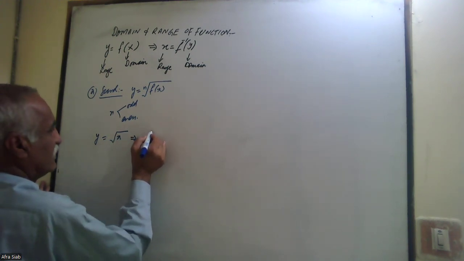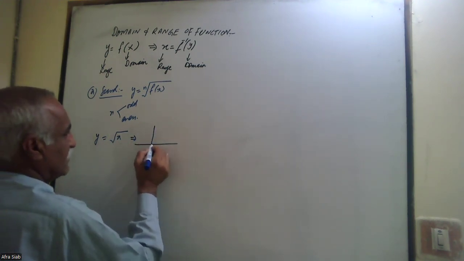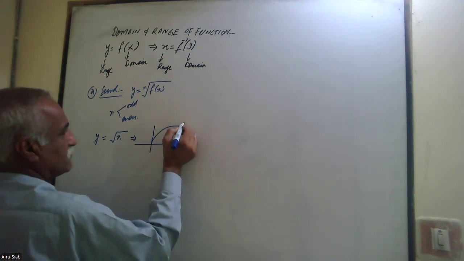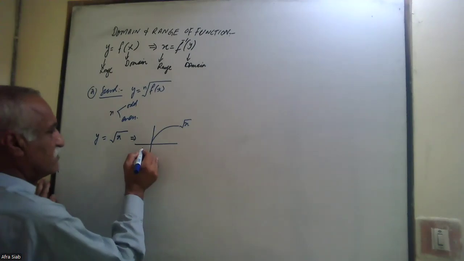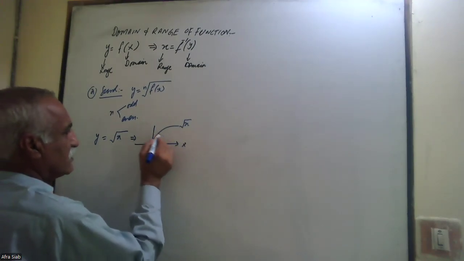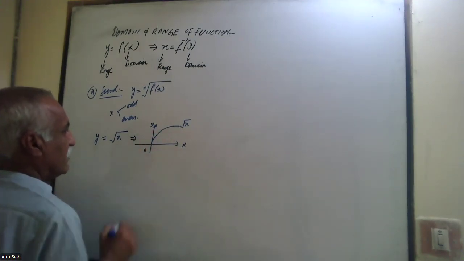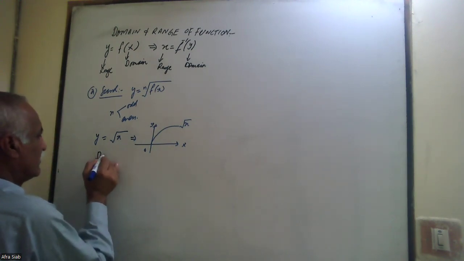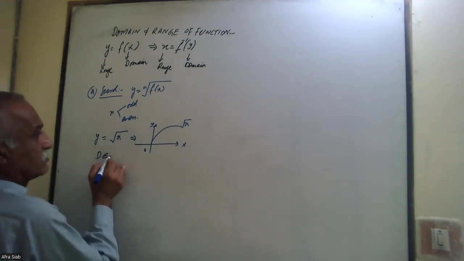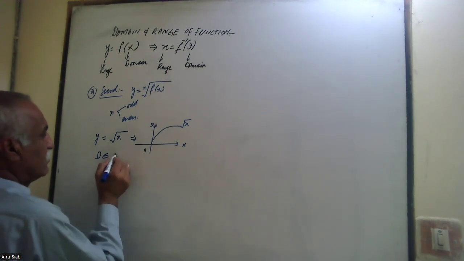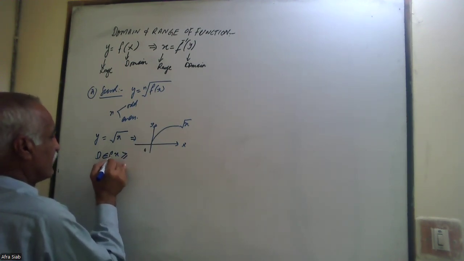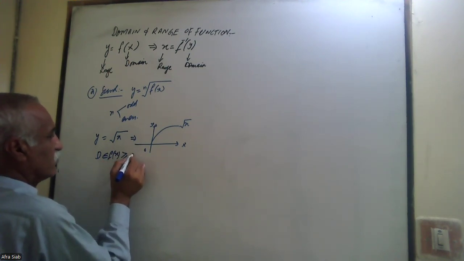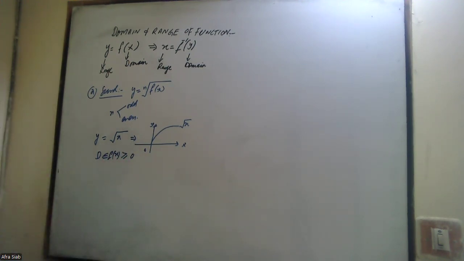Then this graph will be like this. It is 0, it is the x axis, it is the y axis. So the domain of this graph is that the f of x value should be greater than or equal to 0.